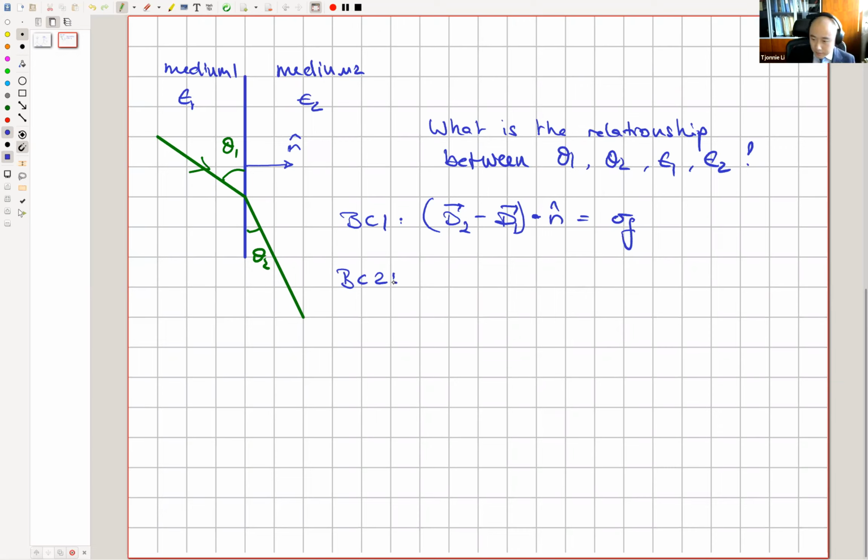Parallel to the surface, Harry again, E above minus E below equals 0. Very good. E2 minus E1 equals 0. Oh, sorry. Just write this in the vector form. Cross n hat equals 0.